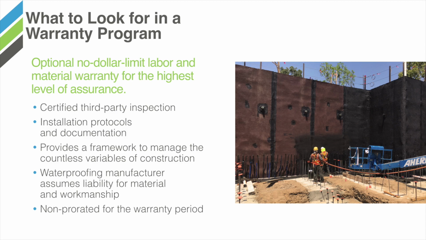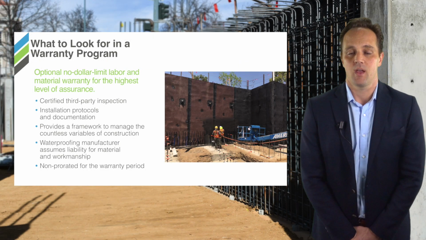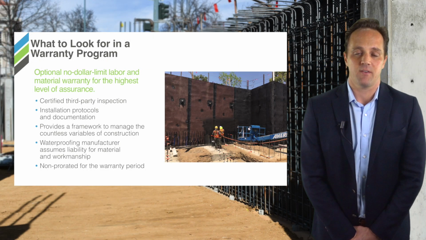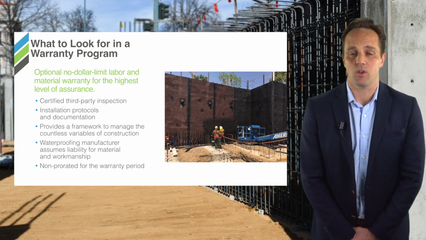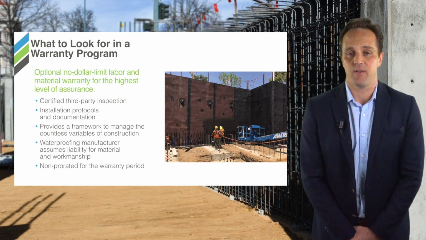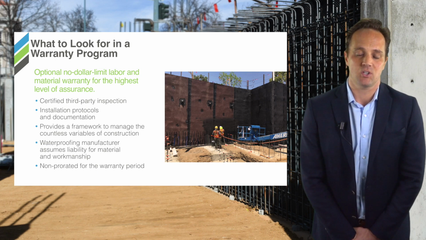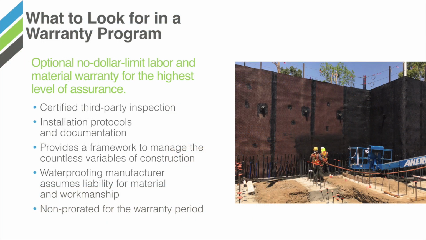This warranty is non-prorated for the term of the warranty and will warrant that the manufacturer will stand behind the workmanship as well as the integrity of the material for the warranty period. It is not easy to achieve no dollar limit warranty status, but there are strict guidelines provided by the manufacturer and a framework that is used to help coordinate the installation of the product. Overseen by a third-party certified inspector, this will ensure that the product is being installed correctly and a warranty can be achieved.